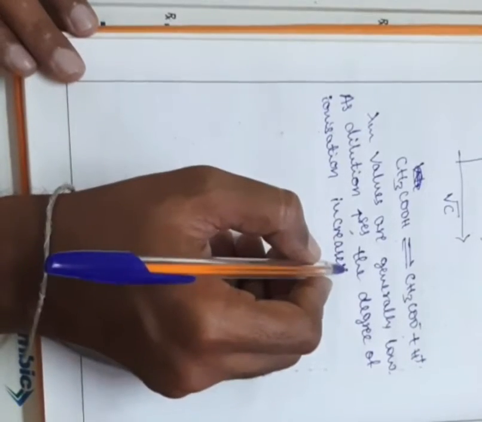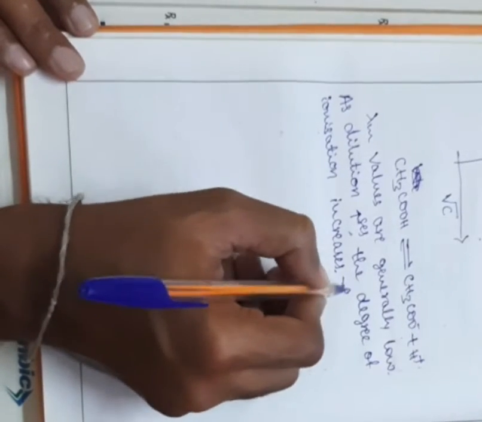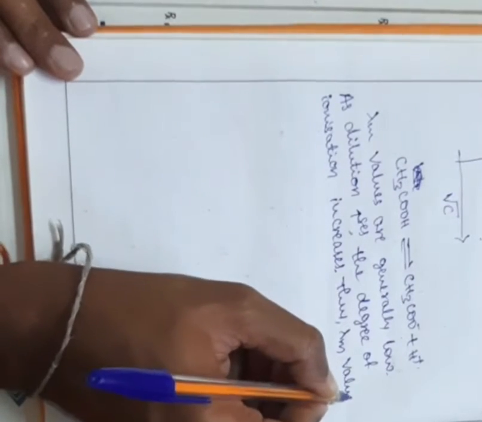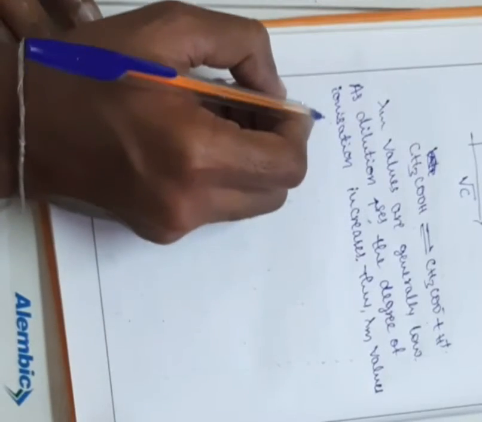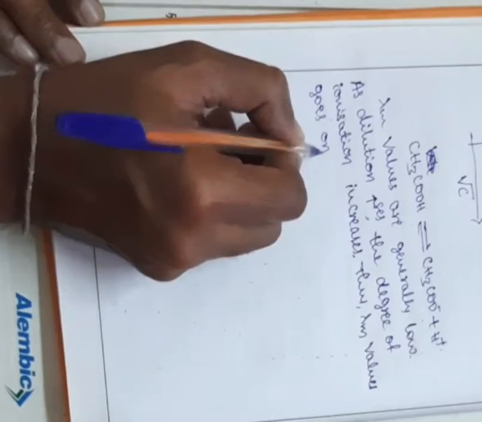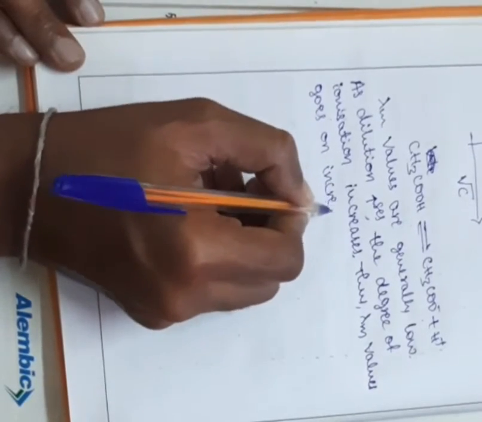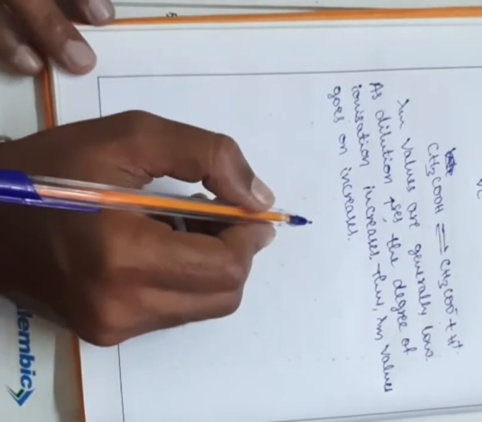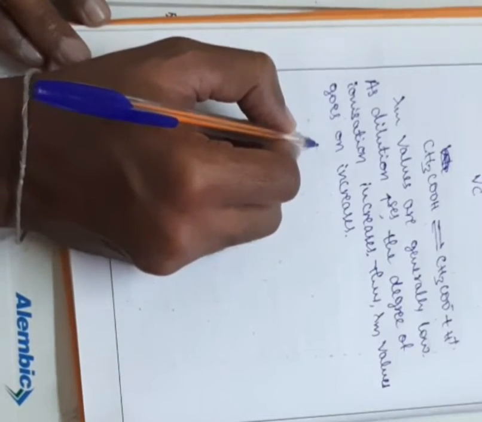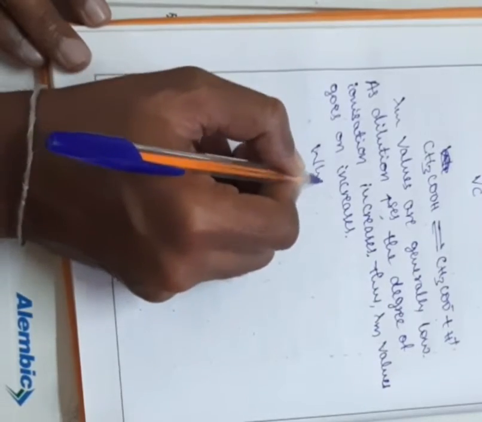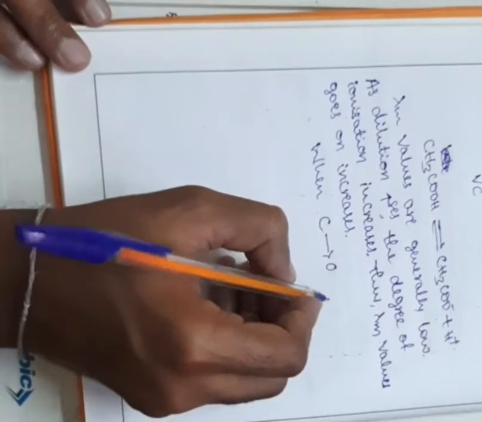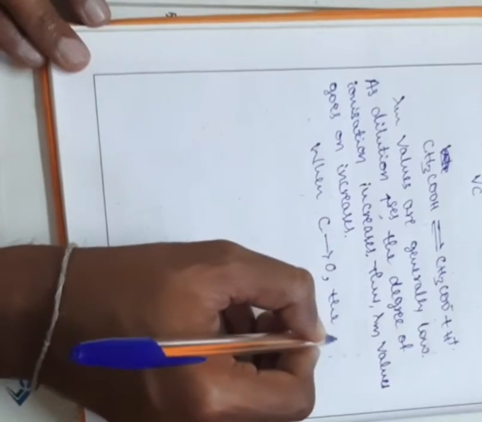Hence, lambda m values go on increasing. But in case of weak electrolyte, when the concentration C approaches 0, the degree of ionization approaches unity.